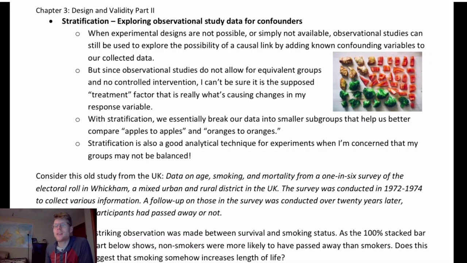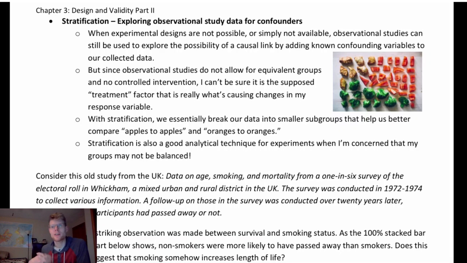It's this idea that maybe I'm studying the effect of smoking, for example, and I don't assign people to be smokers or non-smokers, I just find people who happen to smoke and people who happen to not smoke. Well, there might be a lot of other differences between smokers and non-smokers besides just the smoking. So I may not really be doing a true apples-to-apples comparison without looking at these other possible differences between my two groups.